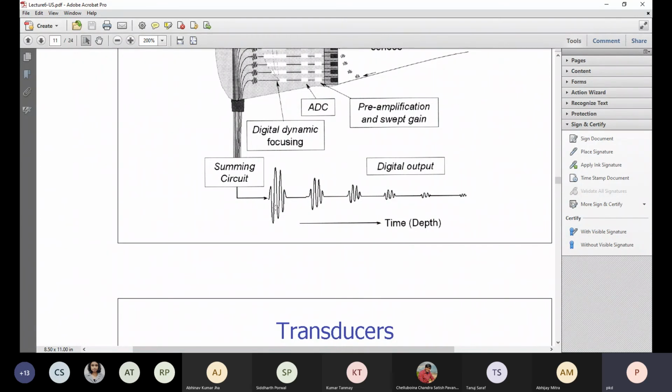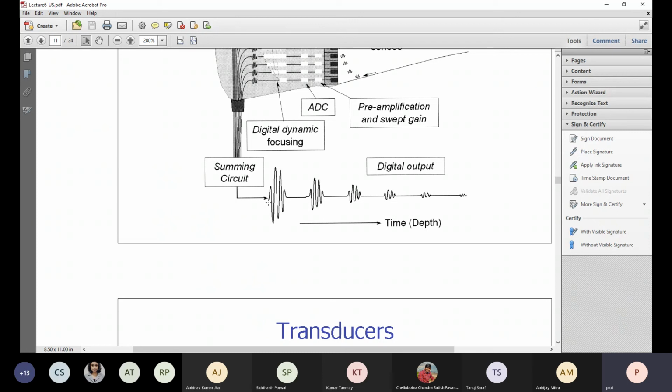Now, generally, as we have seen, near the resonance, what will happen? There will be oscillations. All circuits near the resonance oscillate, and because ultrasound probes for medical imaging are operated near that resonant region only for achieving high efficiency, there will be ringing artifacts or resonant artifacts.